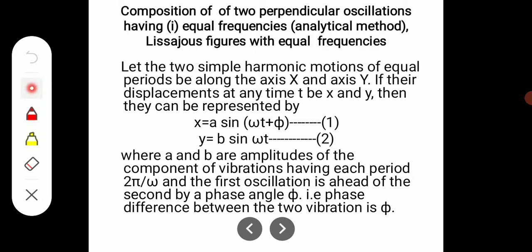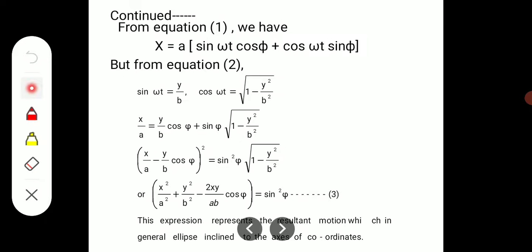And y is equal to b sine omega t. Say this is equation 2, where a and b are amplitudes of the component vibrations having equal period. So the period is 2 pi by omega. And the first oscillation is ahead of the second by the phase angle phi. So this is the phase angle, and the difference between them is phi.